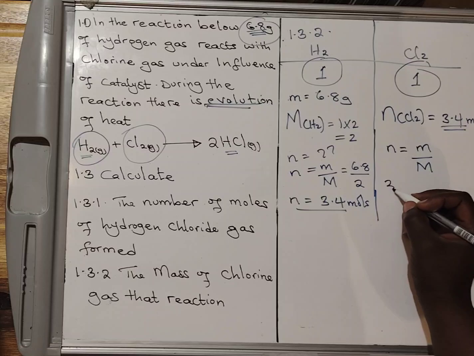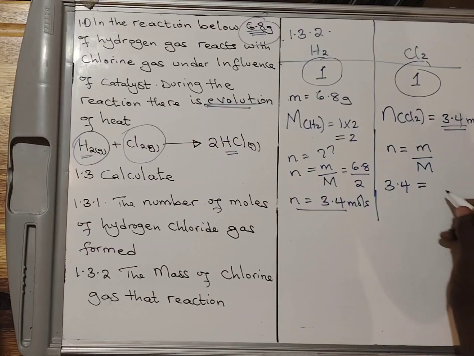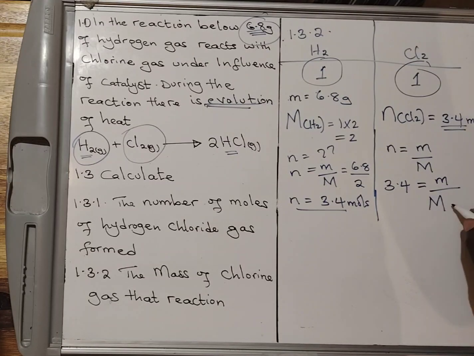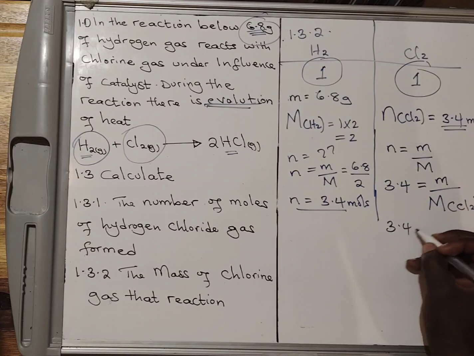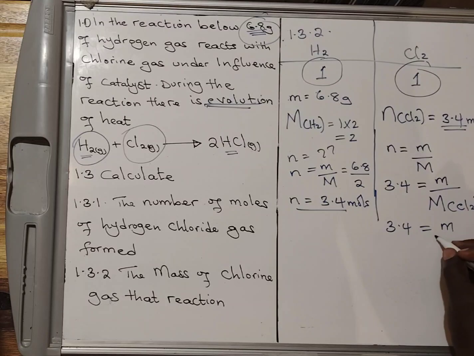So if the number of moles is 3.4 and the mass is needed, what do you have to do? We have to get the molar mass of chlorine. Like hydrogen, chlorine is also a diatomic molecule. Remember the molar mass of chlorine is 35.5. So what do we get here? It's going to be 3.4 is equal to mass over 35.5 times 2.